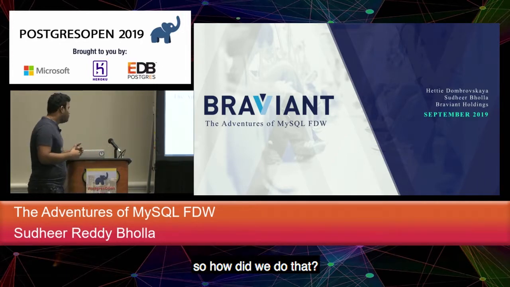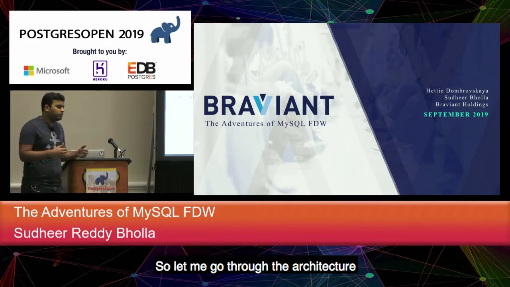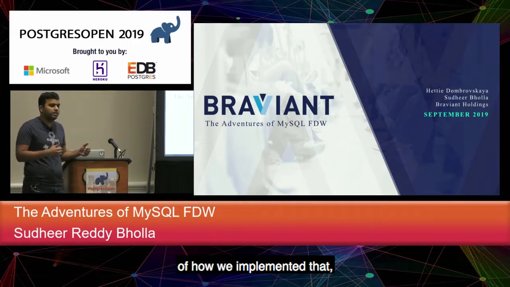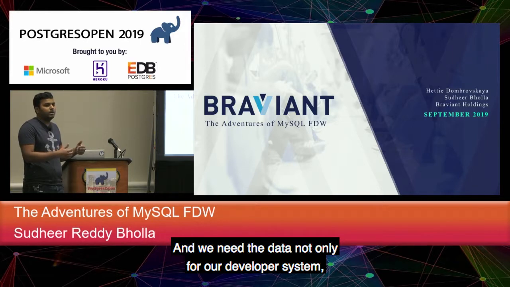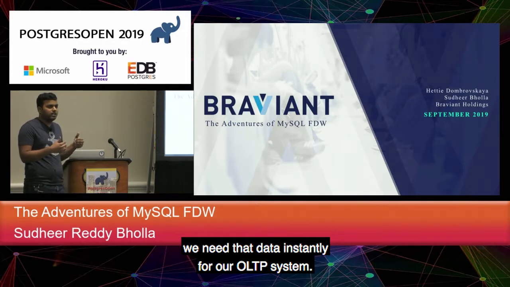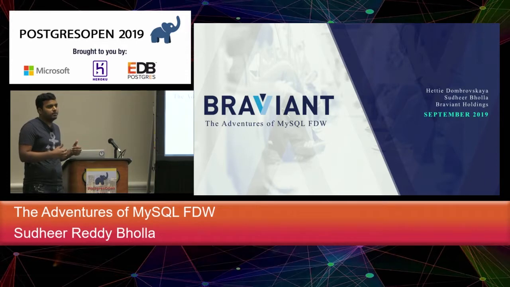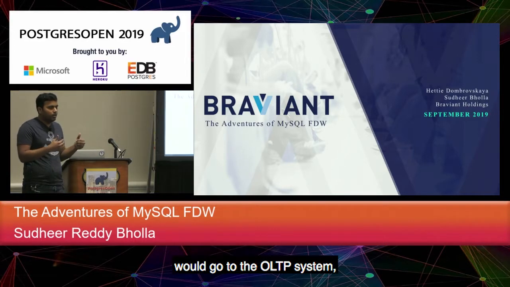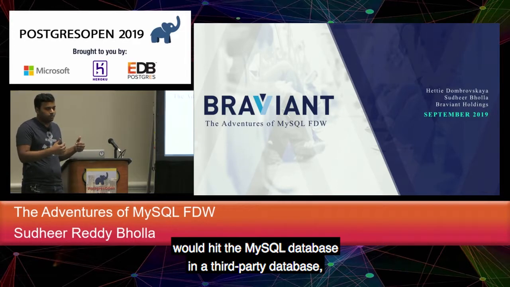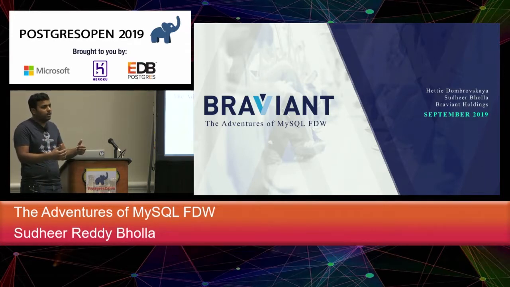So how did we do that? Let me go through the architecture of how we implemented that and how we pull the data from different sources to Postgres. And we need that data not only for our data warehouse system, we need that data instantly in our OLTP system. For every query, every transaction our user does on our website would go to the OLTP system, would hit the MySQL database in a third-party database, which is not our own database.